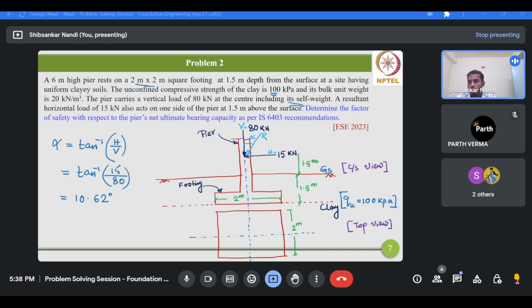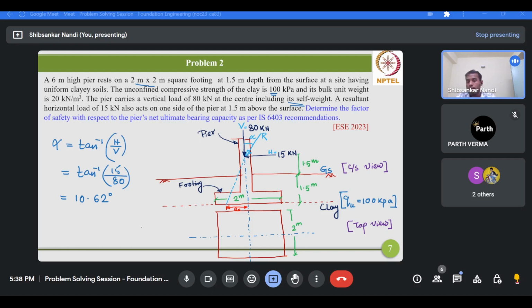What I am trying to say is, if you extend the line of action of this R, obviously it will cut at some point along the base of the footing. So this is the line of action, I have shown here as a dashed line. It is cutting the base of the footing at a distance of Ex from the center of the footing.